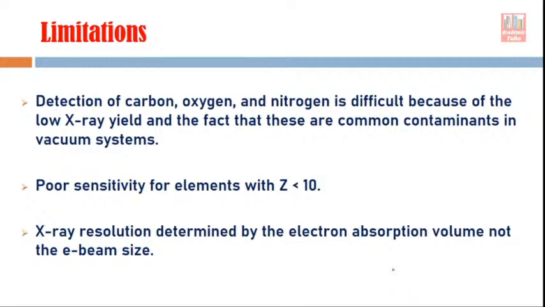Now if you talk about the limitations of EMP, the detection of certain elements like carbon, oxygen and nitrogen is difficult because they produce a very low X-ray yield. That means when the electron beam falls on the material and carbon, oxygen and nitrogen atoms are present in that portion, the yield of X-rays coming out of these elements because of interaction with the electron beam is very low, right?